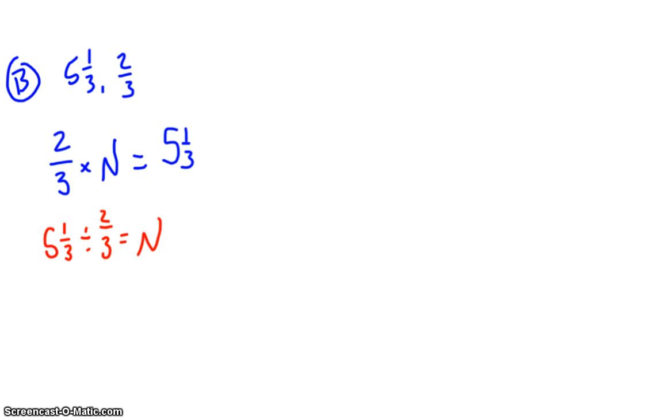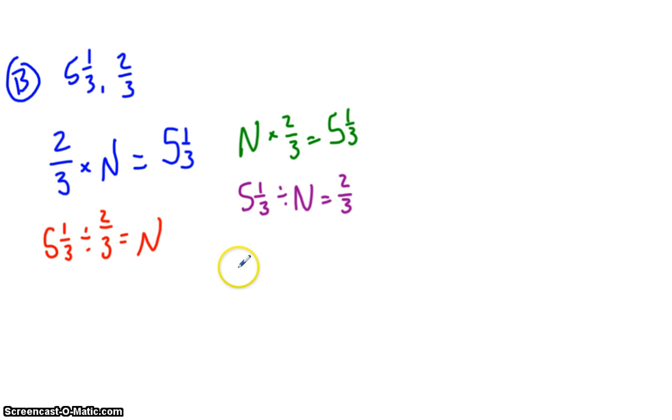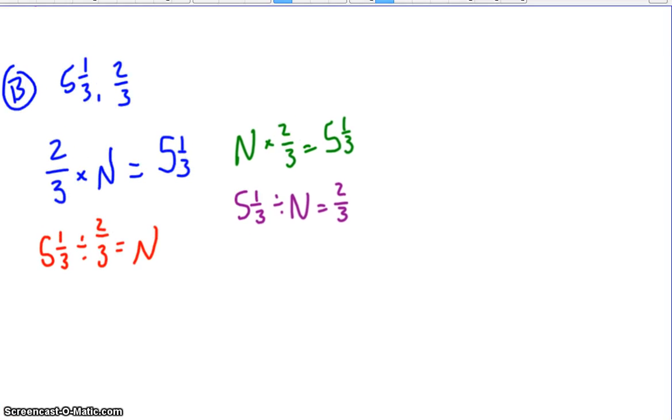The reason I'm going with that is because there would be another multiplication fact, which would be n times 2/3 equals 5 1/3, and there would be another division sentence that would say 5 1/3 divided by n equals 2/3.